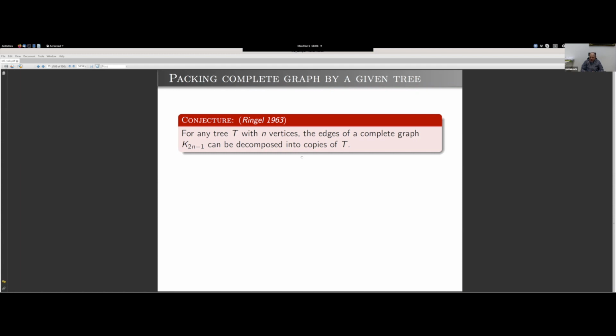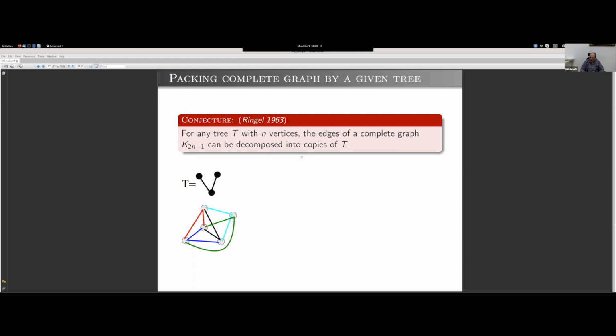And then the conjecture says that you can tile the edges of the complete graph on 2n minus 1 vertices by copies of this tree, right? So let's see an example. Obviously, it's a very simple example. So your graph would be K5, right? So my n is 3. So I take a tree on 3 vertices. It has 2 edges.